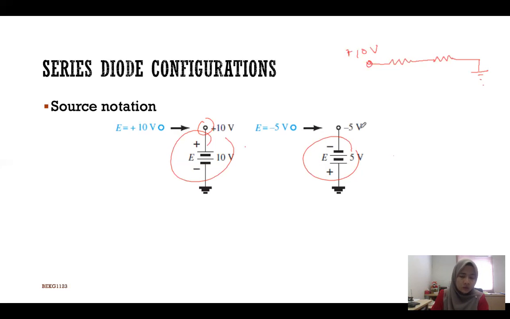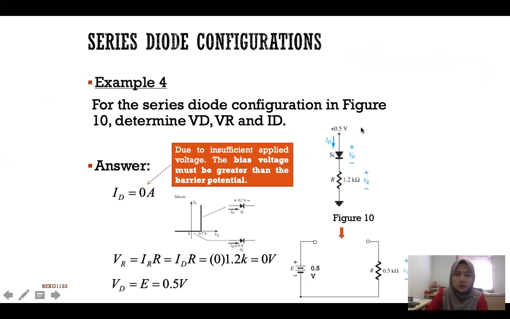So in example 4 over here, given a circuit like this, instead of using the normal voltage source, we use this kind of notation for voltage source, plus 0.5 volt.